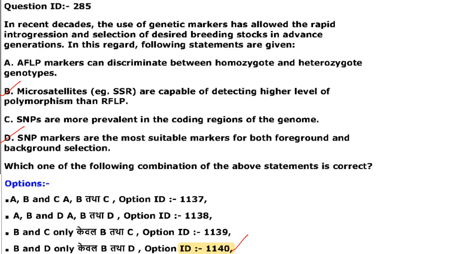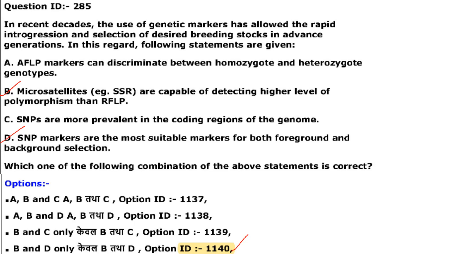Then next one. In recent decades, the use of genetic markers has allowed the rapid introgression and selection of desired breeding stocks in advanced generation. In this regard, the following statements are given. AFLP markers can discriminate between homozygote and heterozygote genotype. Now AFLP is a dominant marker and it cannot discriminate.